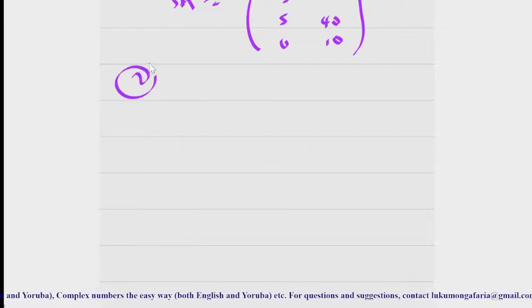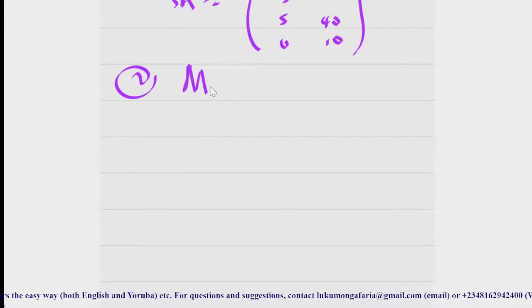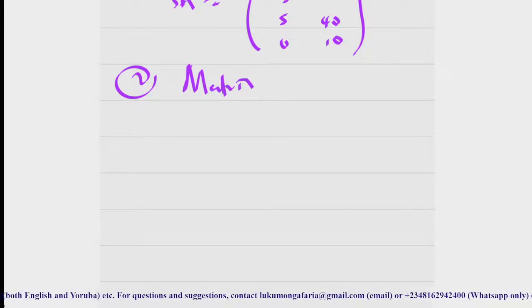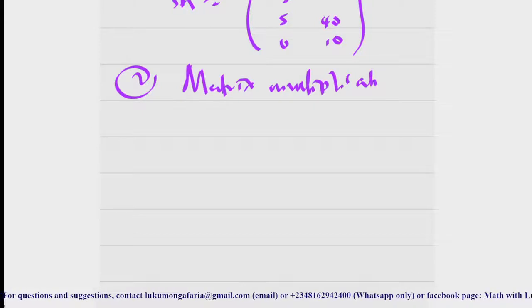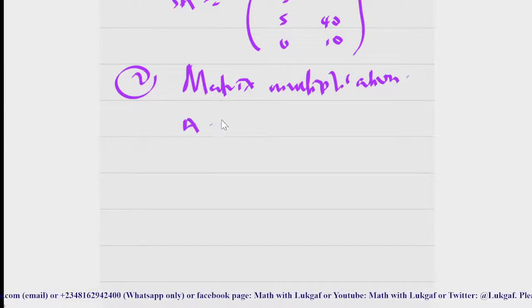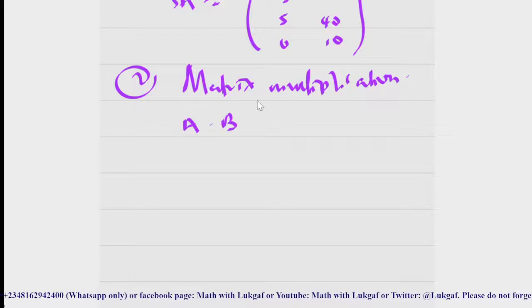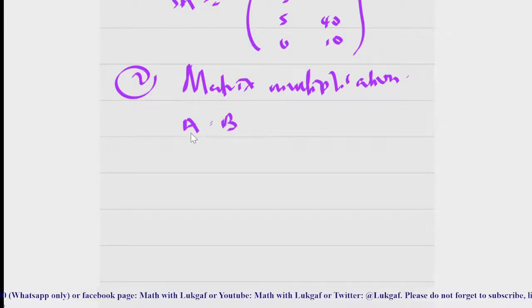So the second multiplication you'll be doing in matrices is matrix multiplication. For the first situation, we're multiplying a number or a scalar by a matrix, but in this case, you'll be multiplying a matrix by another matrix. So in essence, A will be a matrix and B will also be a matrix.